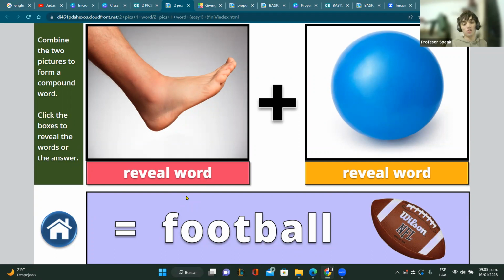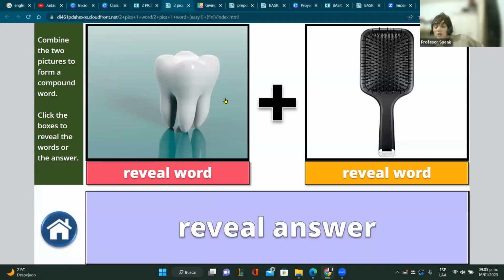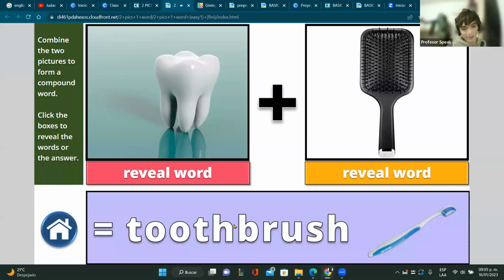Estamos usando 2 palabras diferentes para formular una sola. What about this one? Brush your teeth. Toothbrush. Very good. We're not creating verbs, okay? We are creating nouns.